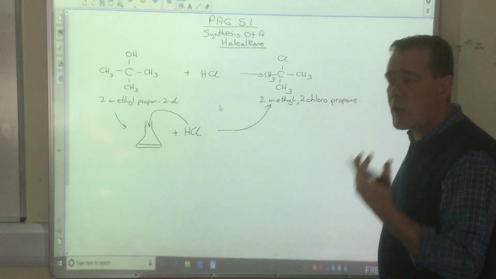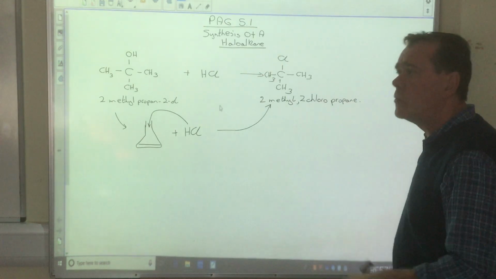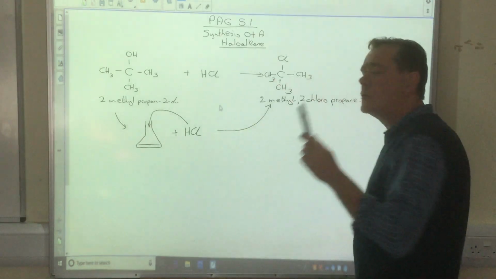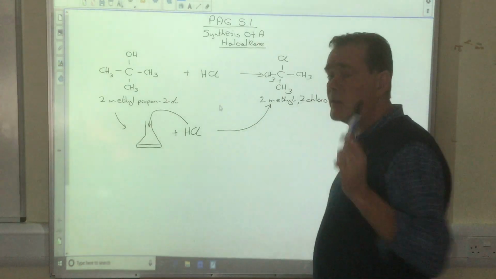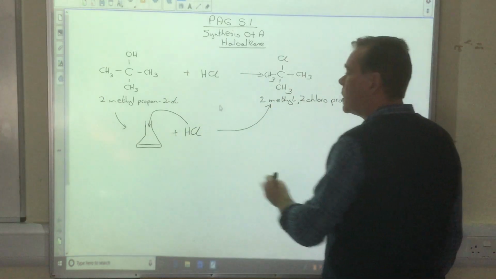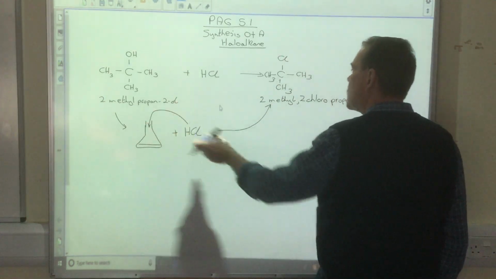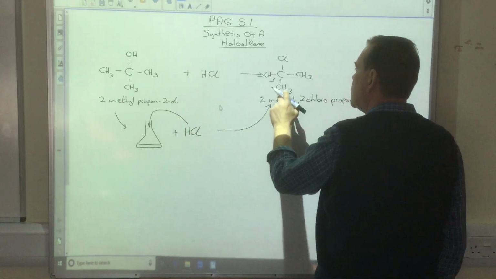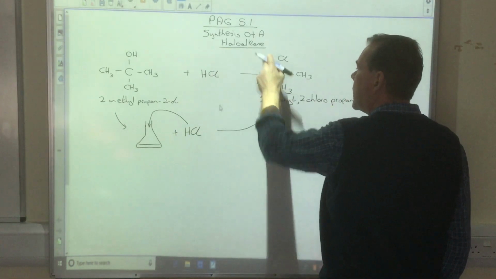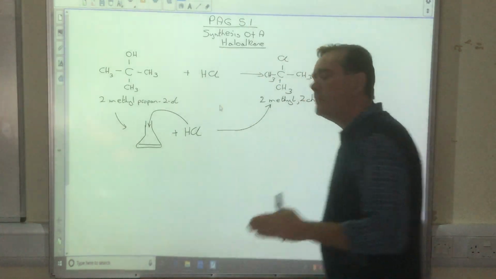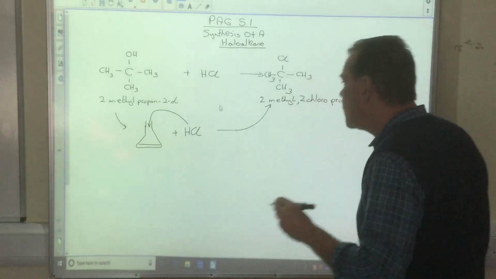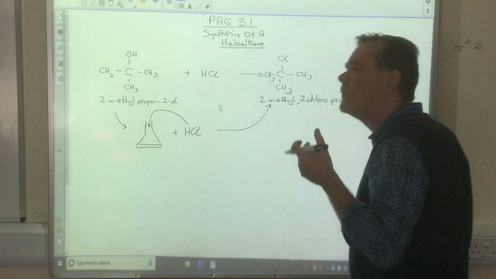Drop by drop, shake it repeatedly and you'll make the product. So it's very straightforward. You take your alcohol, concentrated hydrochloric acid, and it goes drop by drop, bit of shaking, bit of stirring, and you're going to make 2-methyl-2-chloropropane, your haloalkane.